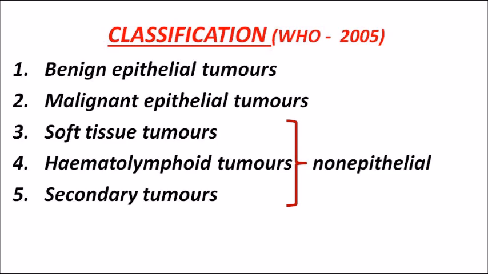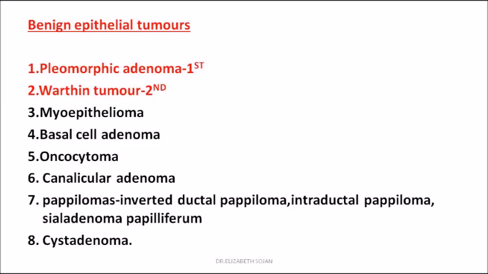In this lecture, we will concentrate only on MCQ-important points, so note those down. Which are the benign epithelial tumors? They include pleomorphic adenoma, Warthin's tumor, myoepitheliomas, basal cell adenoma, oncocytoma, canalicular adenomas, papillomas, and cystadenomas.